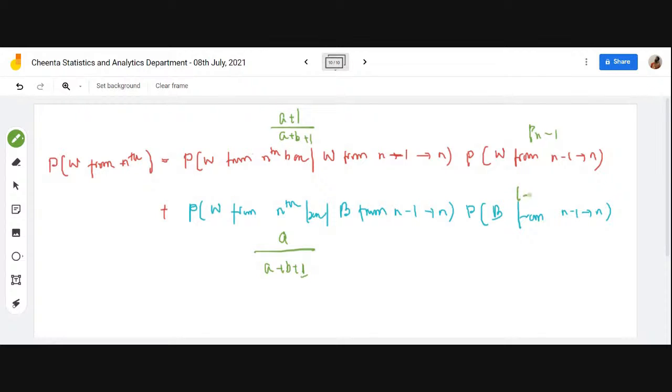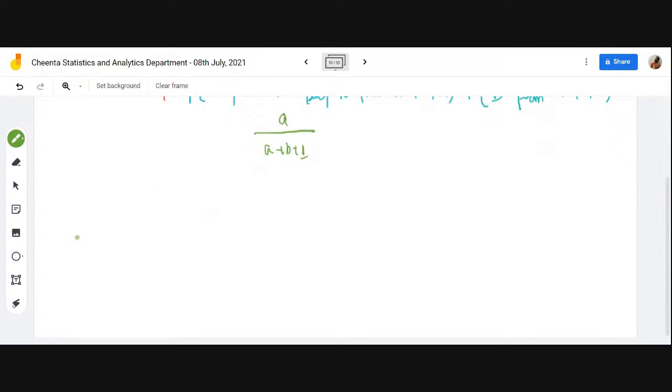And here it's 1 minus Pn minus 1. So what you got over here? You got that Pn is equal to Pn minus 1 times A plus 1 by A plus B plus 1, plus 1 minus Pn minus 1 times A by A plus B plus 1.